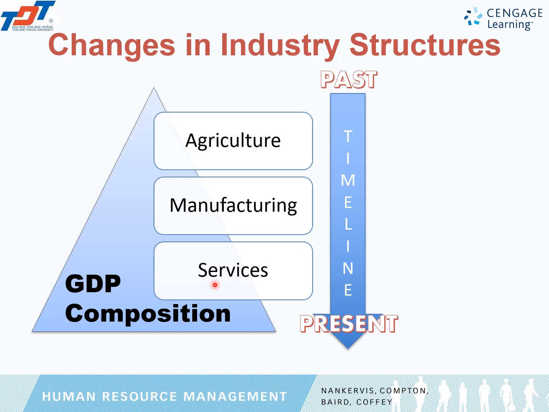Now, what you will realize is if you look at the timeline, so you go back in time, say 300-400 years ago, agriculture used to be the most important aspect of the gross domestic product. Manufacturing was very little. Now, if you remember, going back to chapter number 1, we said there was an agricultural revolution before the industrial revolution.